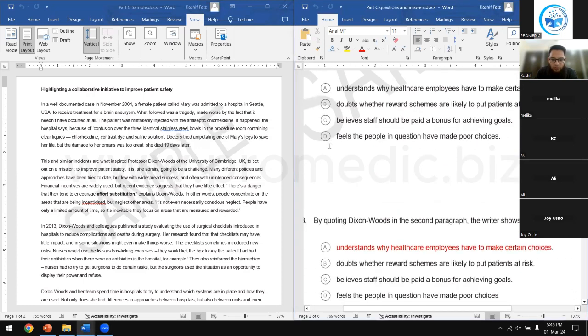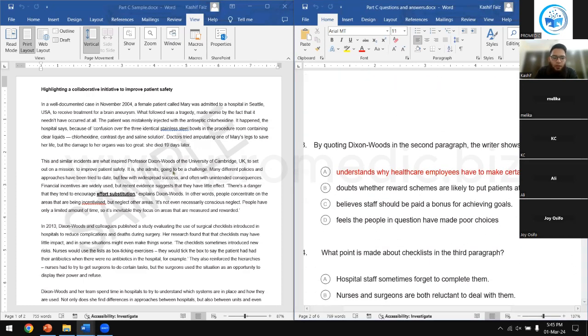The correct answer is A. It's written here, in the second paragraph. The writer shows that the professor understands why; she admits it is going to be a challenge. Many different policies and approaches have been tried, often with unintended consequences.